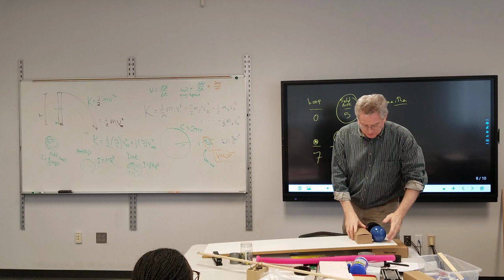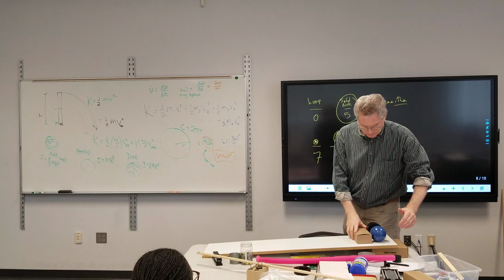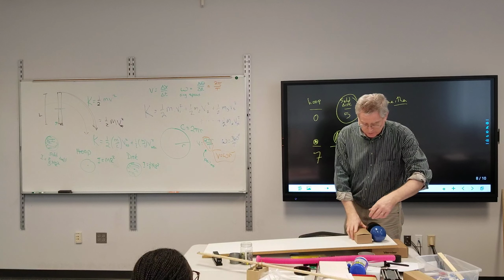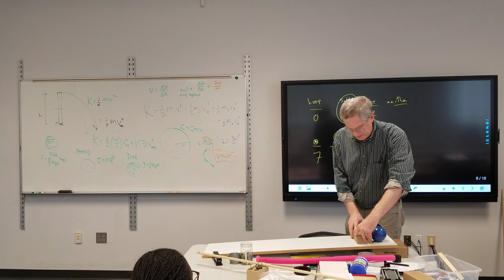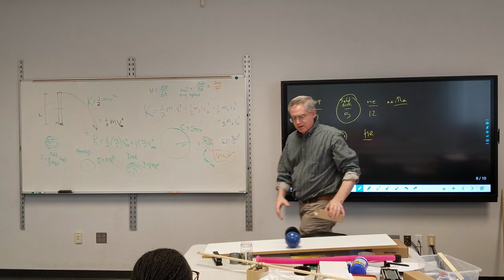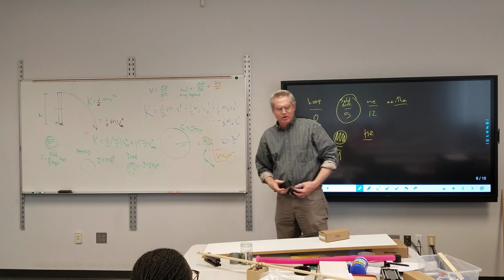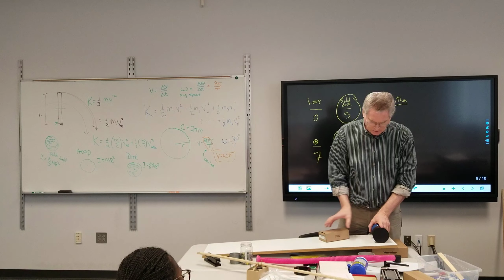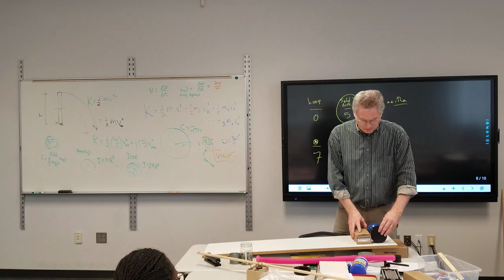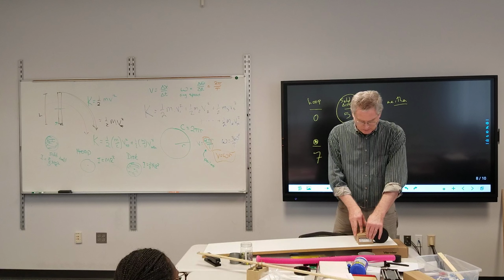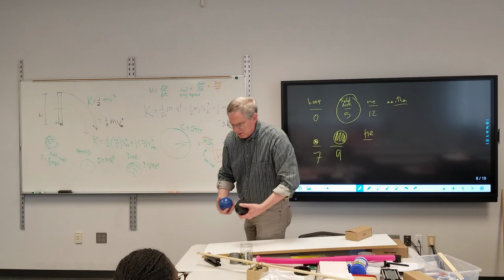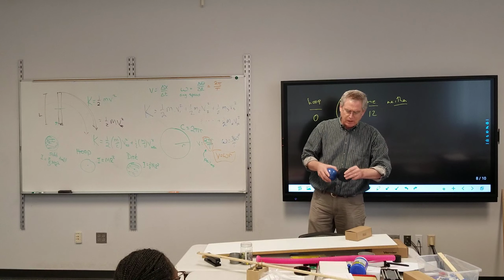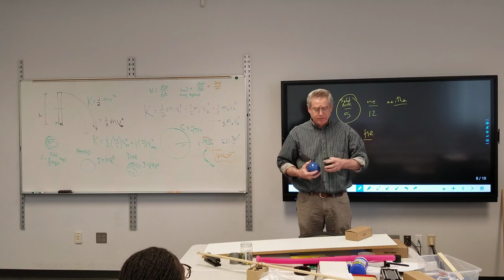Now this one I need to make sure that it's somewhat level here, because balls notoriously can go in any direction. All right. Pretty darn close to a tie. I would expect the ball to win by a little bit.